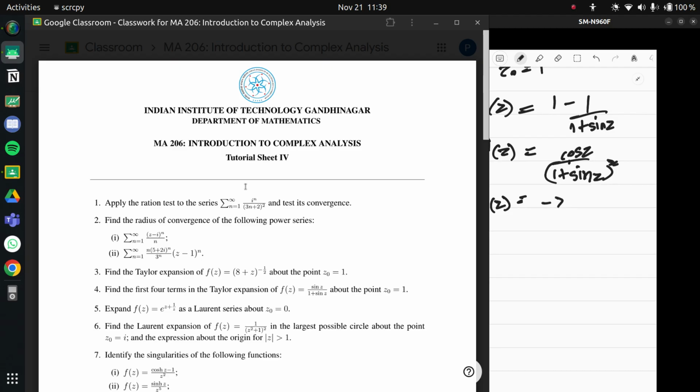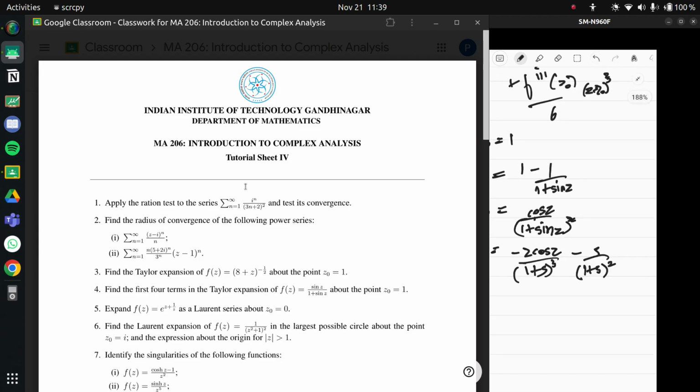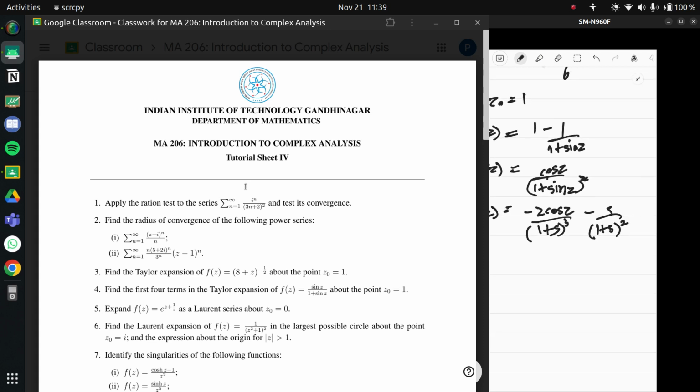What about f double dash of z? So just minus 2 cosine z cubed. Sure, this is fine. What we really want is z equal to 1.